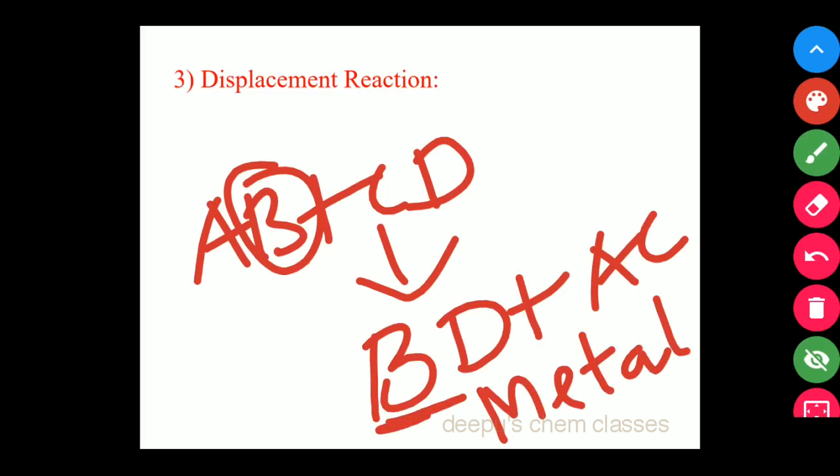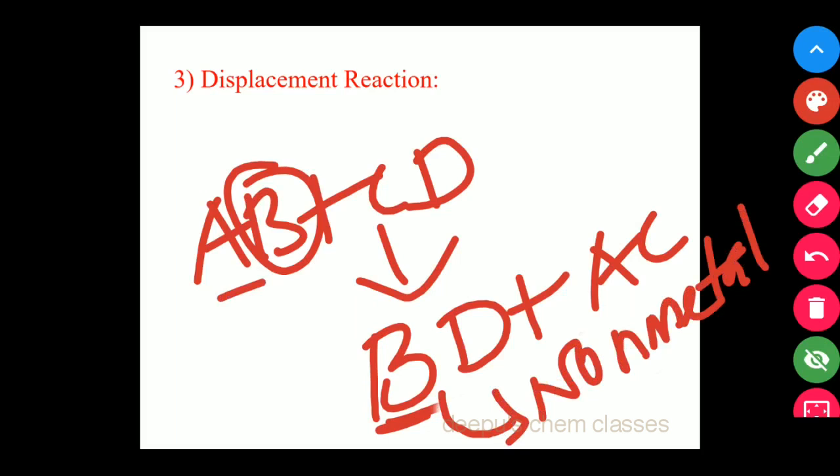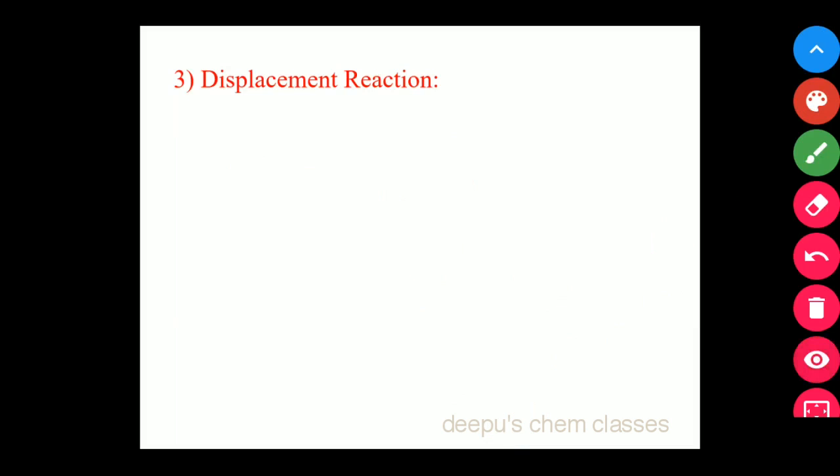Suppose the displaced element is a non-metal, then it is a non-metal displacement reaction. Do you understand? Among the two compounds, if one compound replaces one of the species from the other compound, then it is called a displacement reaction. So let us see an example.